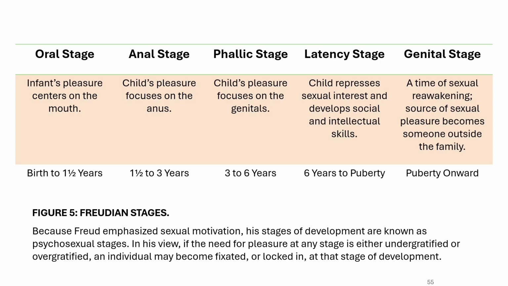They're making friends at school, they're making friends in their social circle. So it does make sense a little bit that he would put that range in one package. Then puberty onward, he talks about sexual reawakening and the source of sexual pleasure coming from outside the family, or the source of interaction in general coming from outside the family.